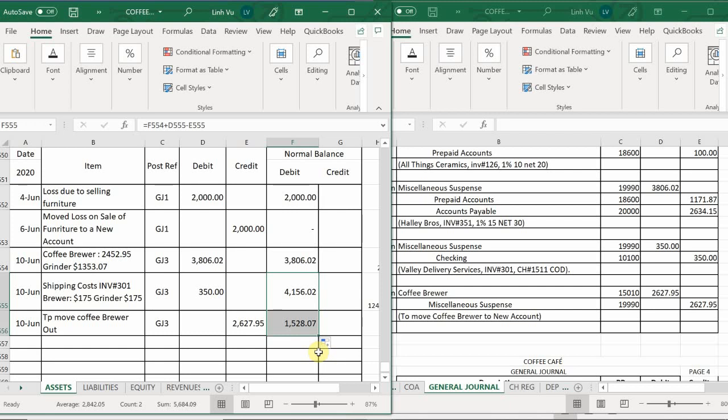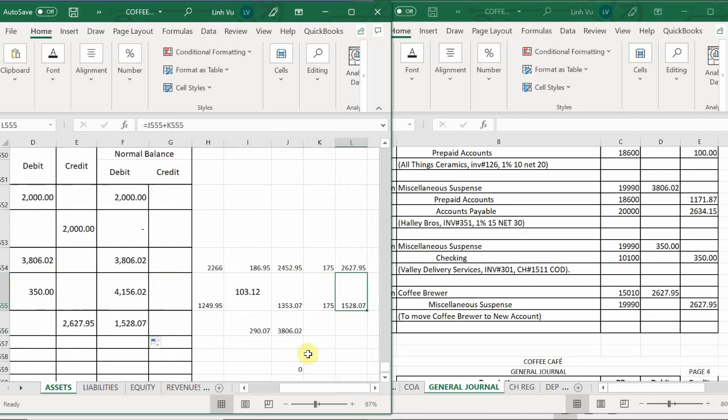You're right. I put 4,156.02 minus 2,627.95 is 1,528.07. Yep. And that's the price of your coffee grinder. Is that what we calculated before? It is. Yes, with the freight.